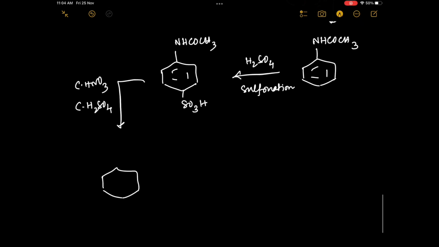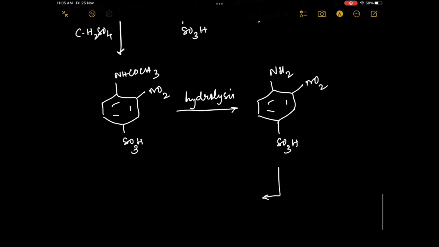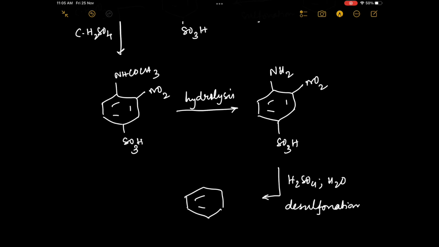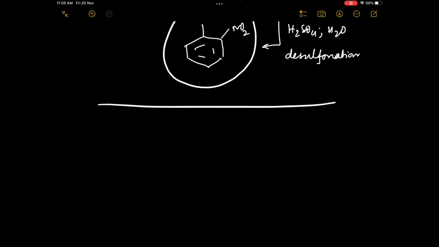After that, we do nitration on this compound, and in this electrophilic nitration the nitro group enters the ortho position of NHCOCH3, which is ortho directing. Subsequent hydrolysis gives us NH2 from NHCOCH3. After that, we do the desulfonation reaction, where once again by the application of H2SO4 and water, SO3H is removed, and we get our product, which is ortho-nitroaniline.